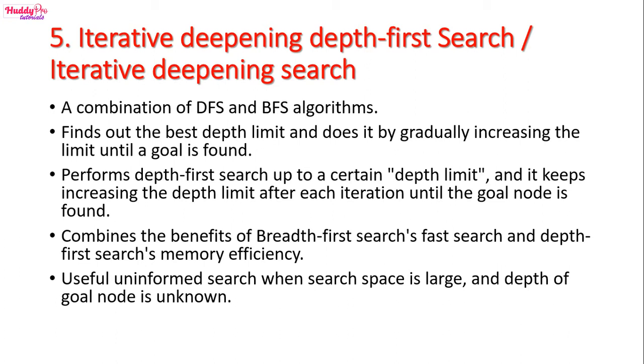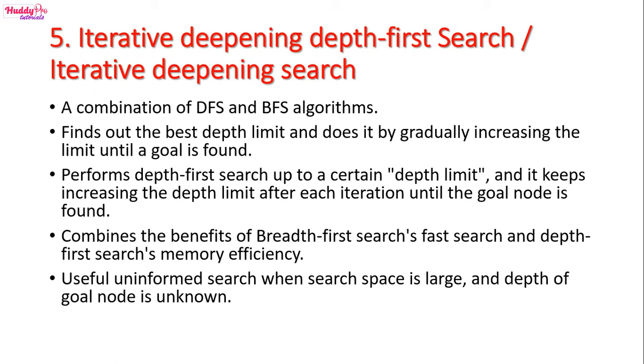Because of that, it will be fast, because the breadth first search is a fast algorithm, and again it will use less memory because the depth first search utilizes less memory.